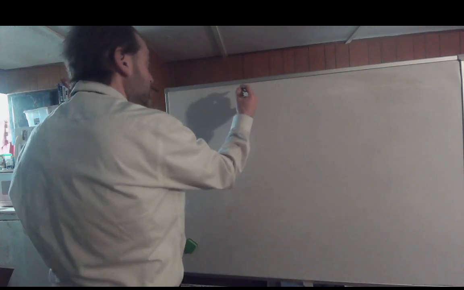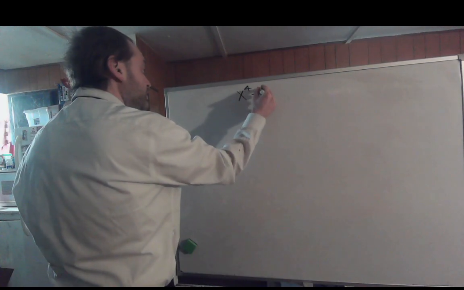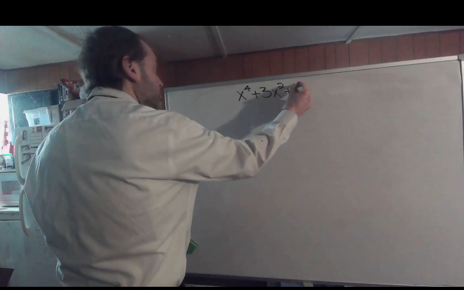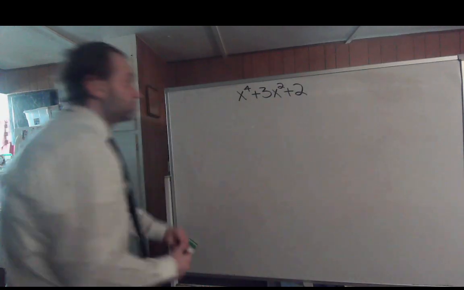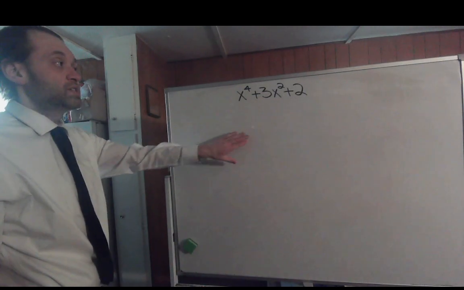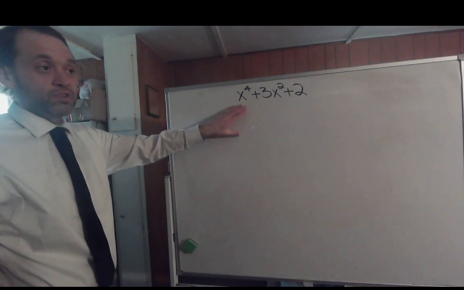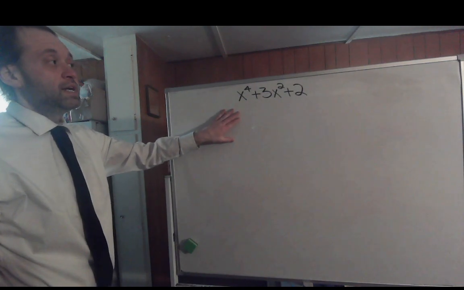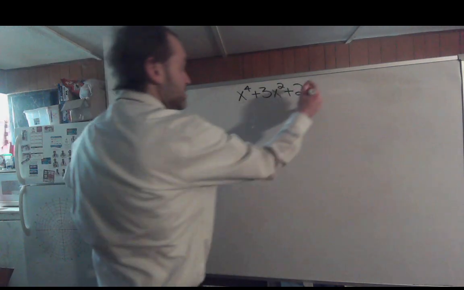Alright, so what do we got next? We have x to the fourth plus 3x to the second plus 2. So yes, this equation's to the fourth power. That's the degree of the polynomial, but again, we can largely treat this like a quadratic equation.